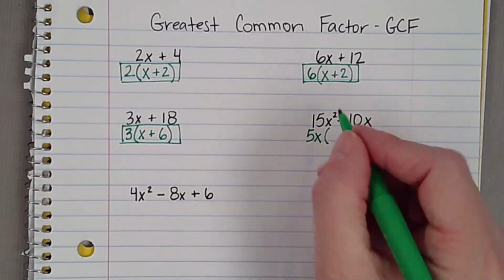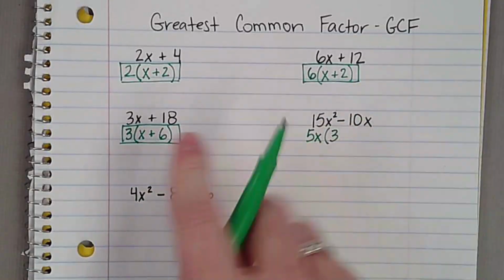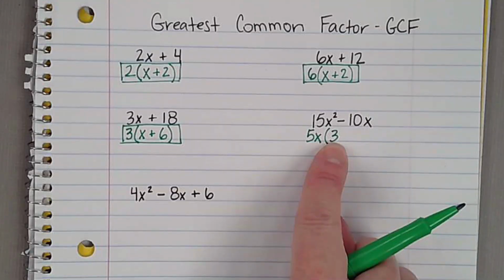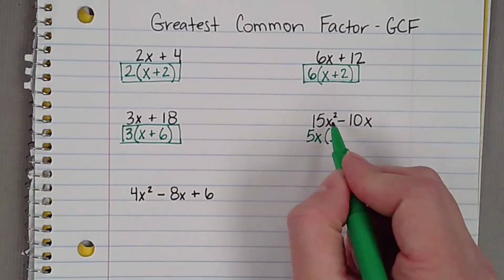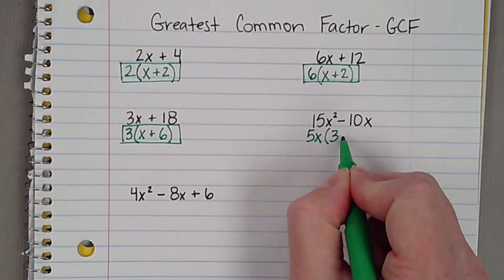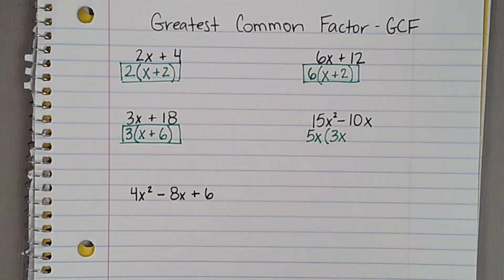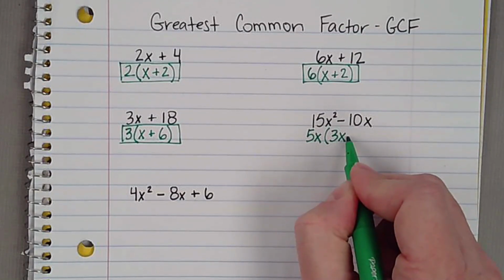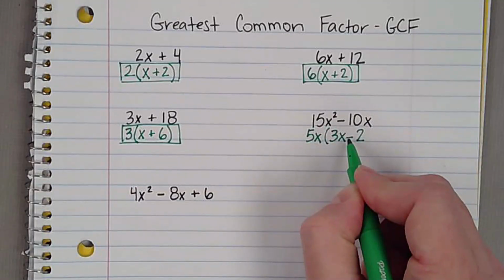15 divided by 5 is 3, right? The x doesn't always have to just be a plain x. It sometimes has numbers left over in the beginning. And then if I had an x squared and I divided it by an x, that means it would go from squared to just a regular x. Then if I had negative 10 divided by 5, I have negative 2 or minus 2.